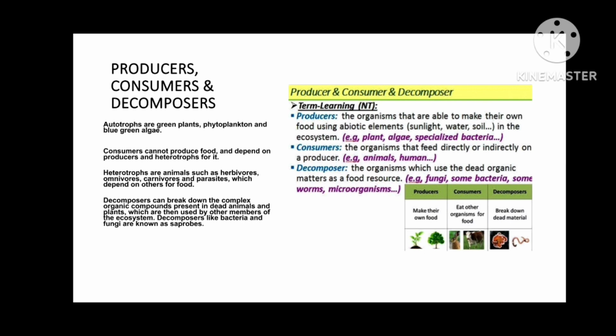Producers, it is told to you that these are the green plants, as they produce food for other animals. Consumers are the animals or heterotrophs that consume the food produced by the producers.